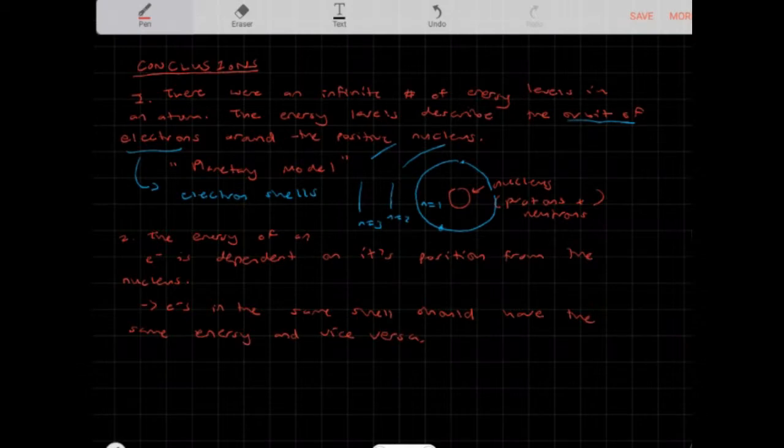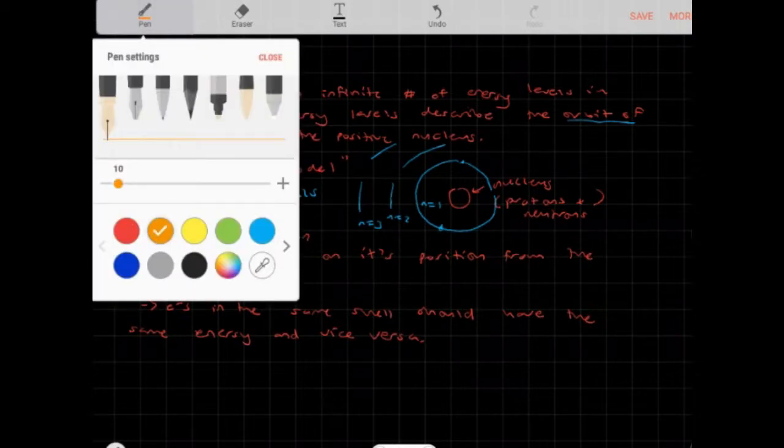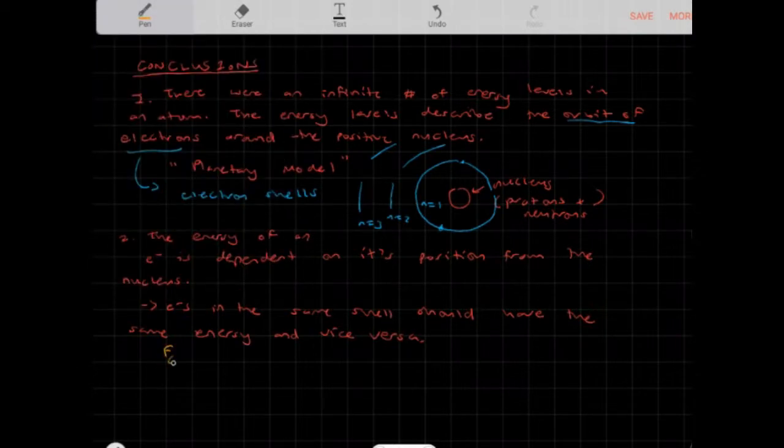And this basically refers to the relationship between the attraction of the nucleus to the electron. If we use Fe to represent the force of electrostatic attraction between the nucleus and the electron, then we can understand that the force of attraction is dependent on distance, right?